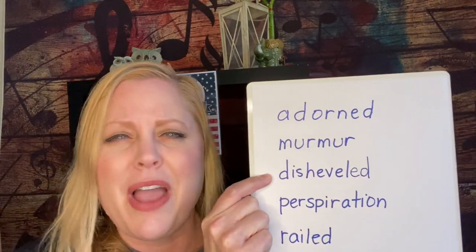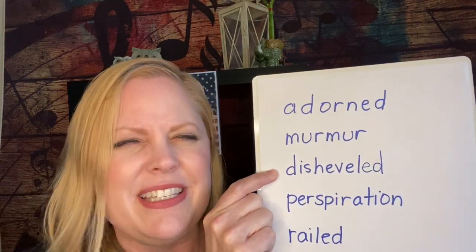Disheveled. Have you ever heard that word before? Disheveled? Let's learn about it. Here's my sentence. His disheveled hair looked as if a bird had tried to make a nest in it. What do you think his hair might look like? His disheveled hair looked as if a bird had tried to make a nest in it.